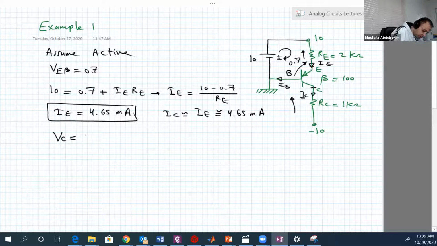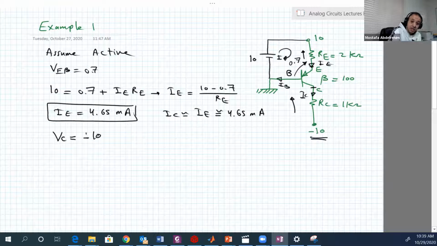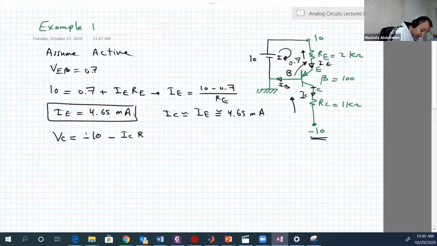So VC is equal to minus 10 plus ICRC. This is going out that way, so minus, I'm sorry, plus, yes, plus. So let's draw it again. This is the collector.